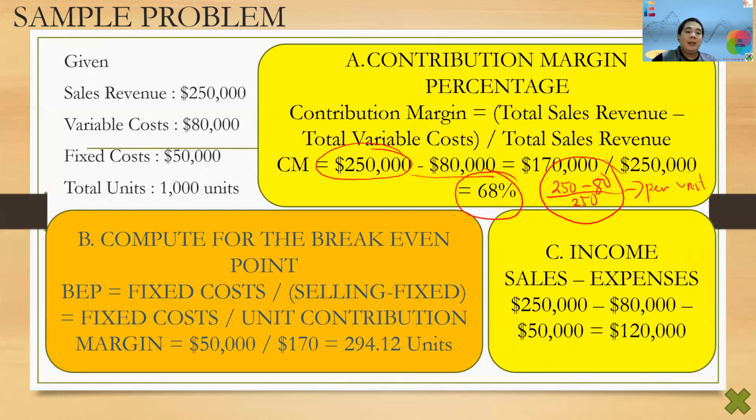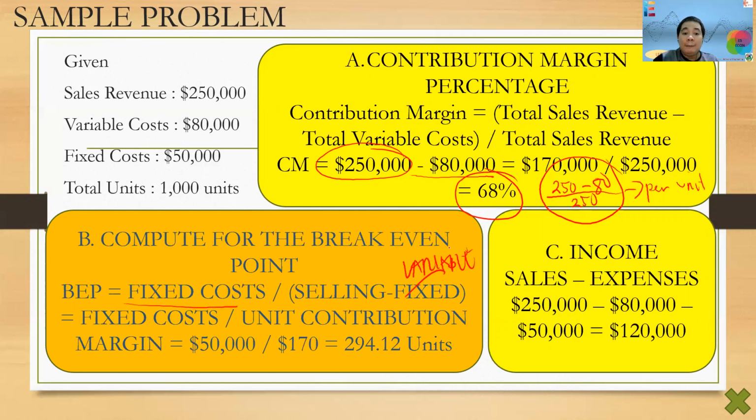Letter B, compute for the break-even point. So basically the formula, fixed cost over selling price minus the variable cost. Therefore, you have a fixed cost of 50,000 divided by 170 per unit.